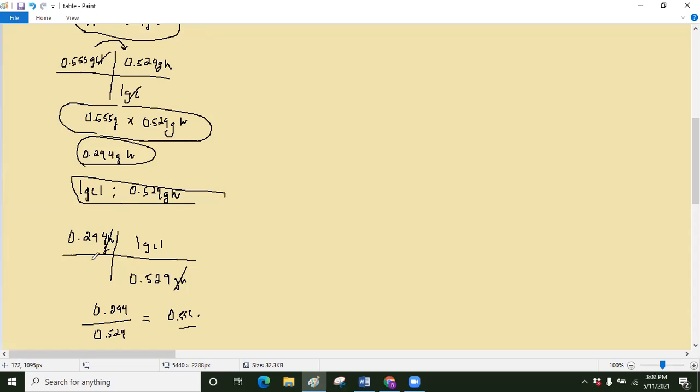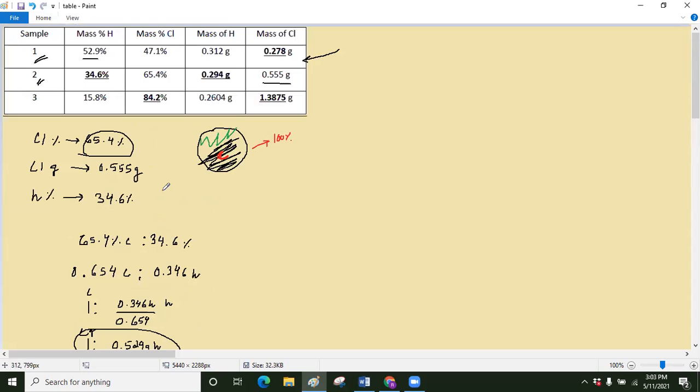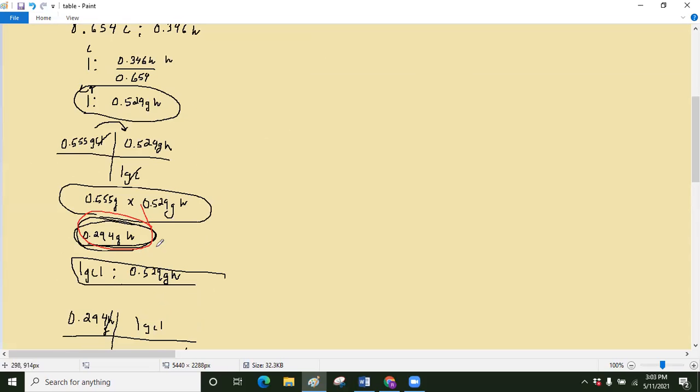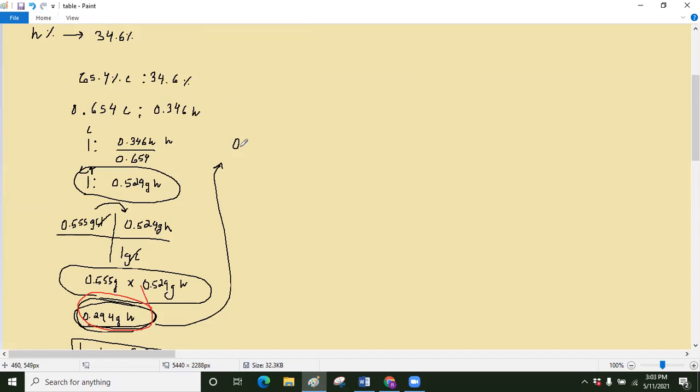Back to the original problem: we figured out that 0.294 is our hydrogen, that is our prime amount here. But of course, we want the percentage. It would be nice to say that 0.294 of the total would be hydrogen.